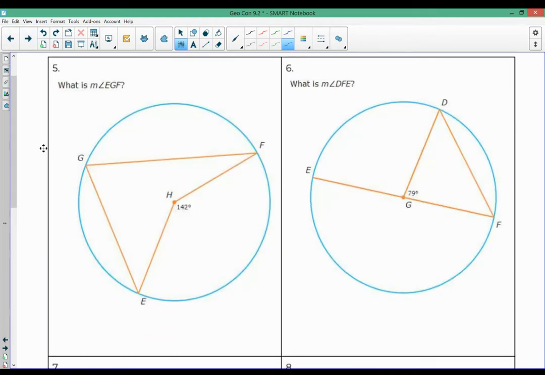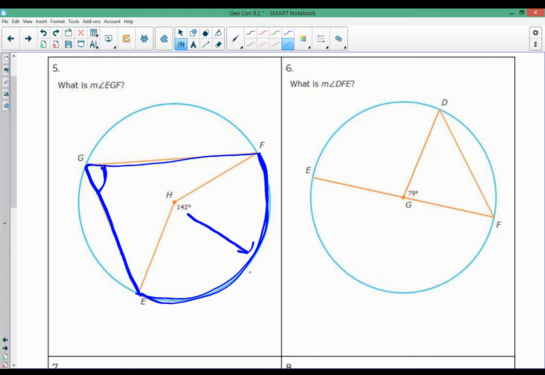Okay, what is the measure of angle EGF? EGF, right here. That intercepts this arc right here, which also has a central angle of 142. So if the central angle is 142, that means that the arc is also 142.